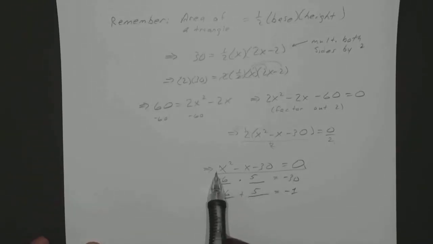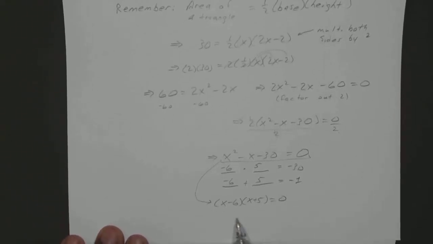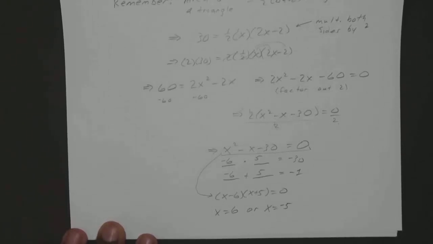Okay. So now all we have to do is rewrite this. So that gives us x minus 6 times x plus 5 equals 0. So if we solve each one of those for 0, we know x will equal 6, or x will equal negative 5. Okay.